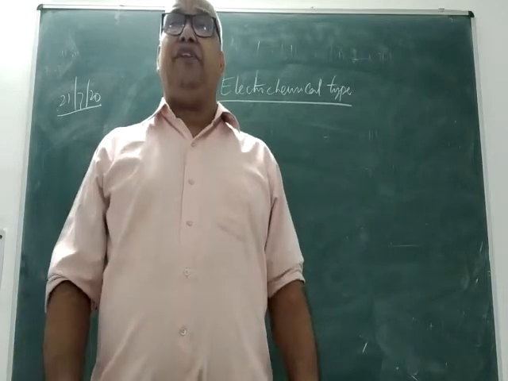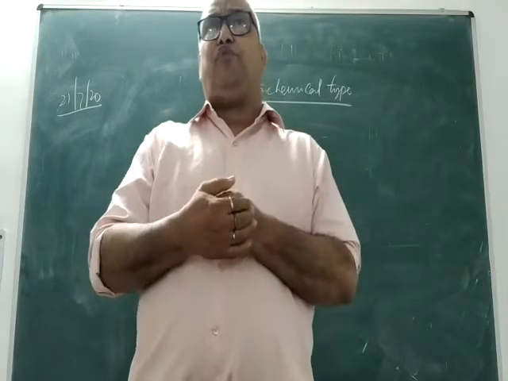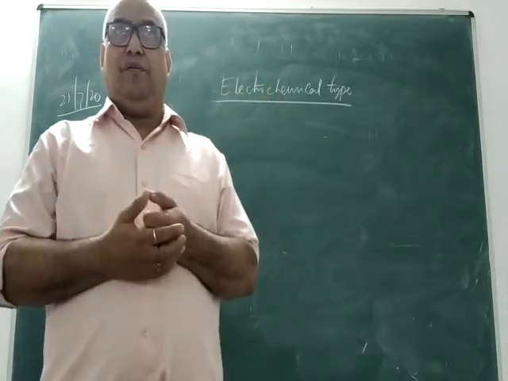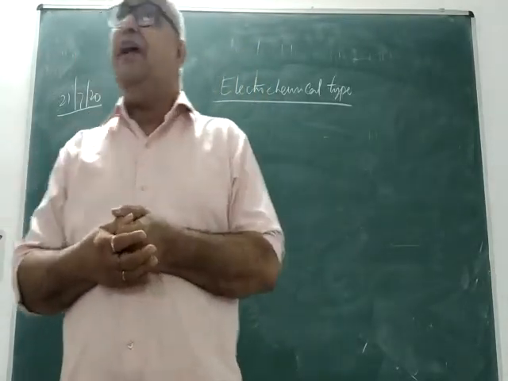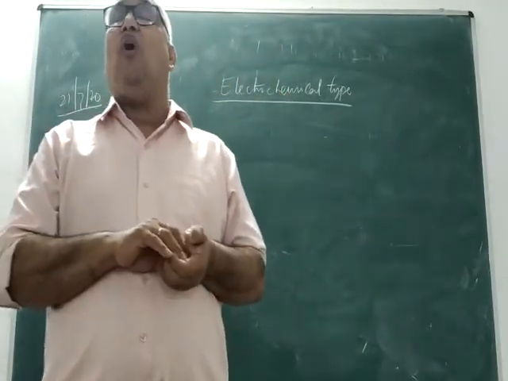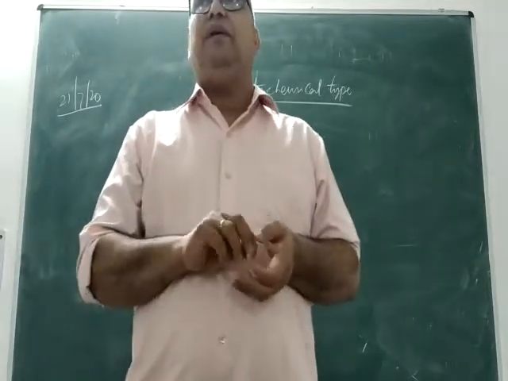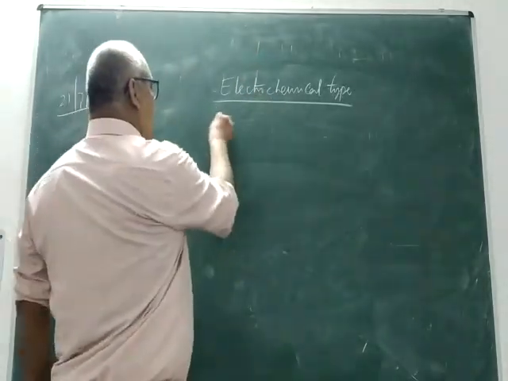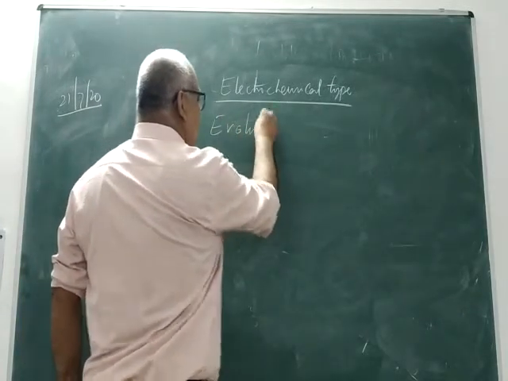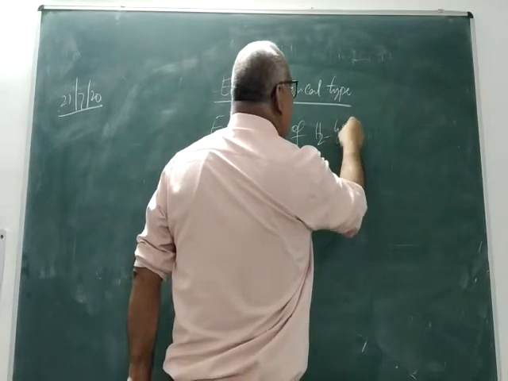In all these activities, acidic kinds of oxides are released, which after being absorbed in moisture will release the corresponding acid, making your environment acidic. And today we'll be discussing the mechanism involved in the evolution of hydrogen type. Let us see. Evolution of hydrogen type.